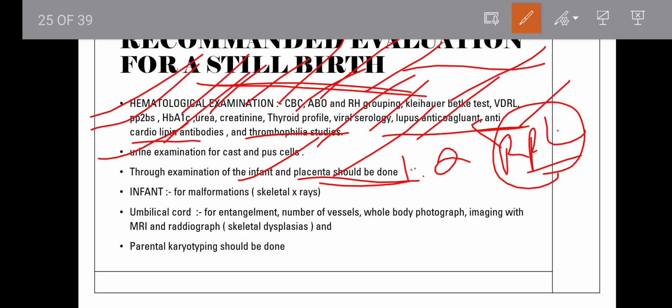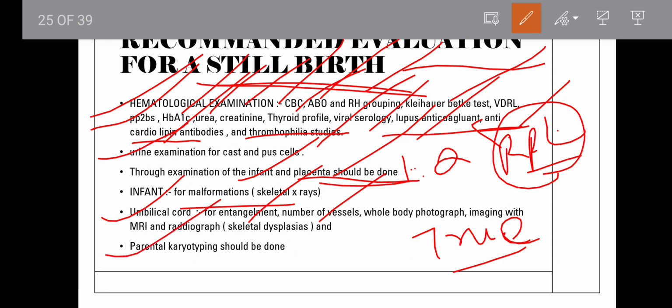As I said, the infant should be looked at for malformation. We can also do skeletal X-rays for the same. In the umbilical cord, we look for entanglement and number of vessels. There are sometimes true knots of the umbilical cord, which can also lead to intrauterine fetal death due to hampering of the blood supply to the fetus.